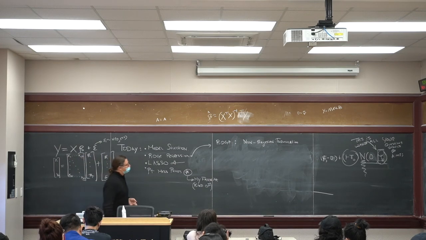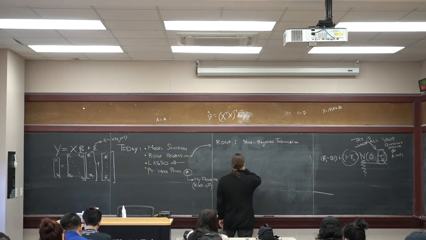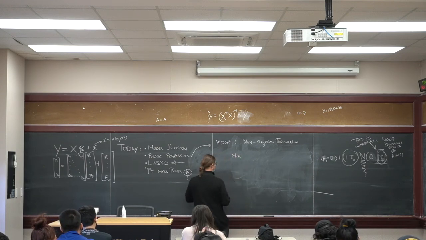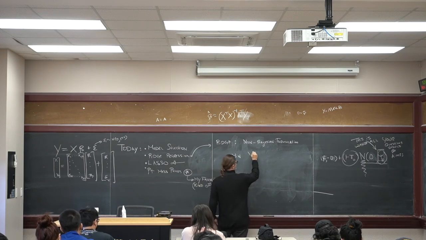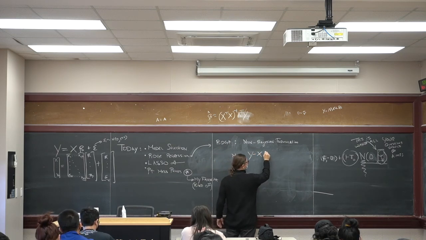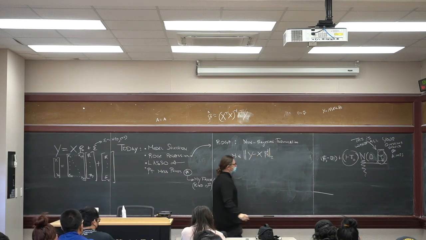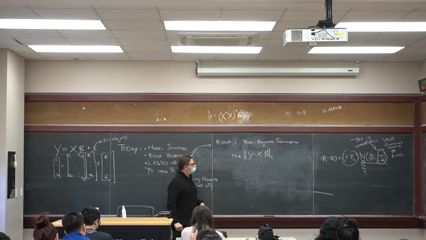I had learned it as this basic problem. It looks like this: we want to minimize y minus x beta in the 2 norm. This is the squared error norm.